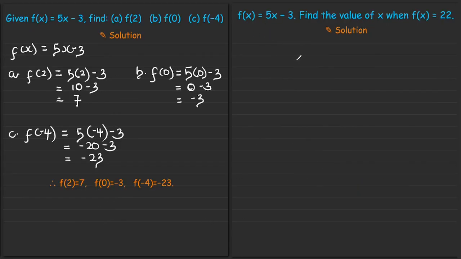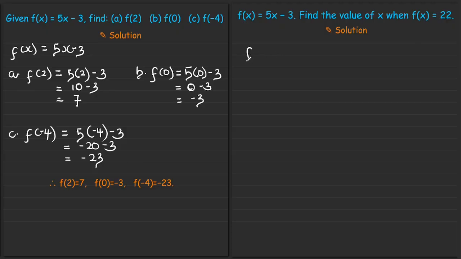Question number 2 actually takes a different form. It says f of x is 5x minus 3, and we have to find the value of x when f of x equals 22. So this time around, the substitution has already been made, and we want the value of x that made f of x yield 22.